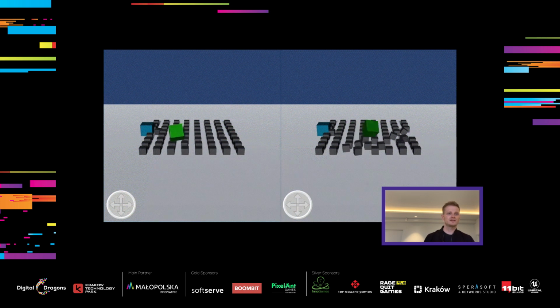But on the left it's not so good, because the player only sends their current position of the green cube, and that's all the blue player receives. So he's able to apply it on the game world. So we can see all the movements of the green player.